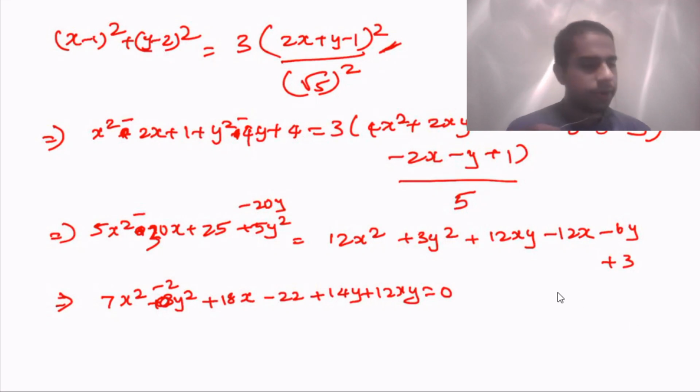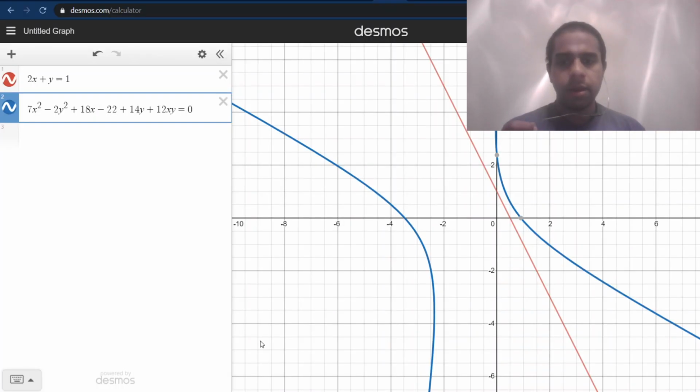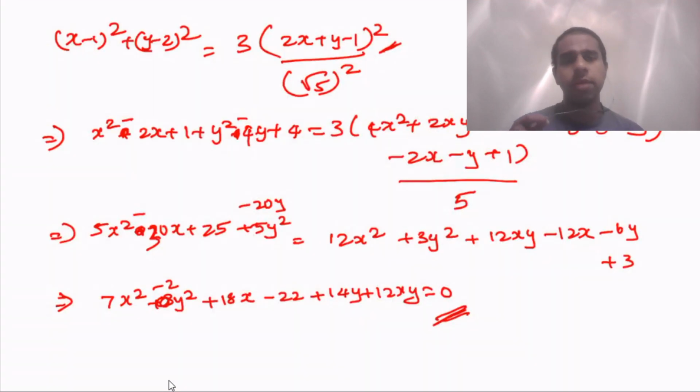So this is the final equation I'm getting, and this is the Desmos graph I'm getting. I changed the equation. So make sure you also verify once by doing the calculation, and keep on trying the problems, and then try with the Desmos graph to see how it behaves, so that you can get an idea whether what you have done is correct or not. As you practice more, you'll get more practice with this.